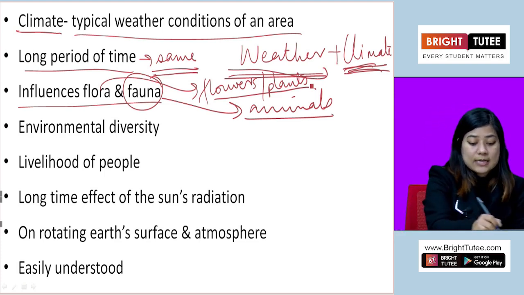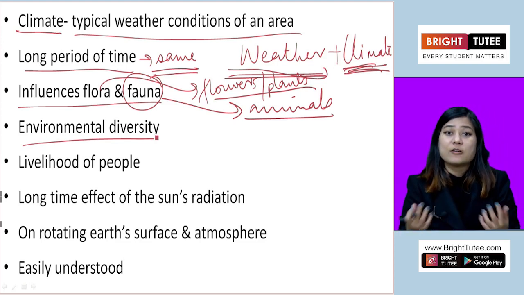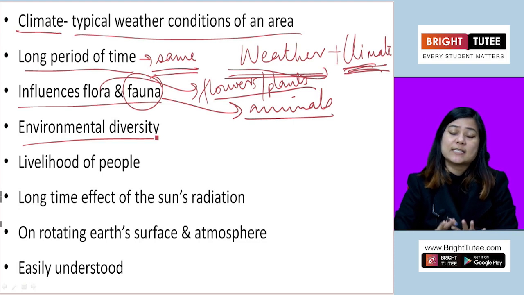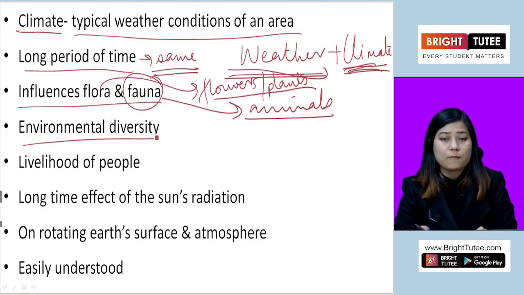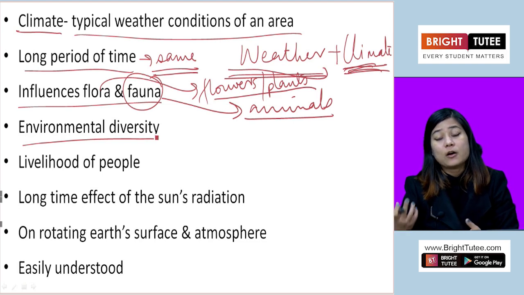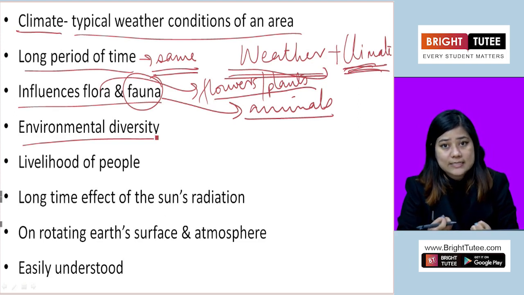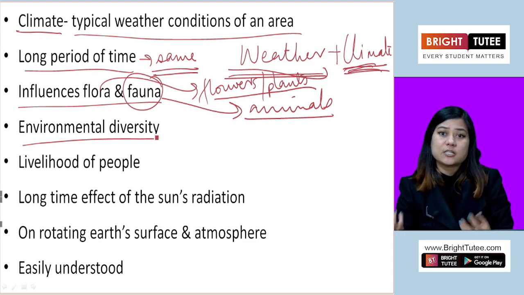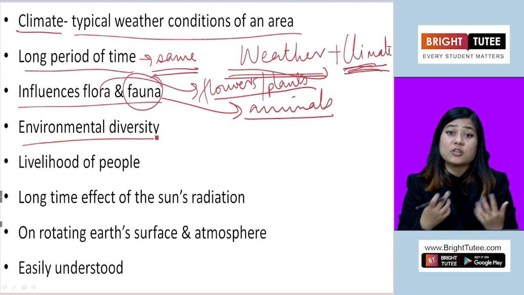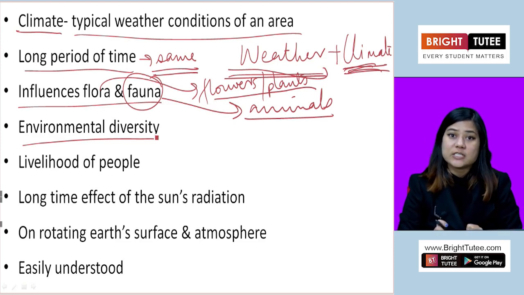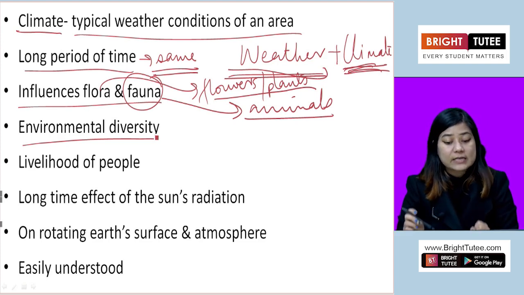So it influences the environmental diversity, whether it has green vegetation or dense forest or whether it has sparse vegetation or sparse forests, whether it has rocky landscape, whether it has muddy, marshy landscape, whether it has various species of animals and plants or whether it does not have that. All that environmental diversity depends upon the climate, the typical weather condition of any region.